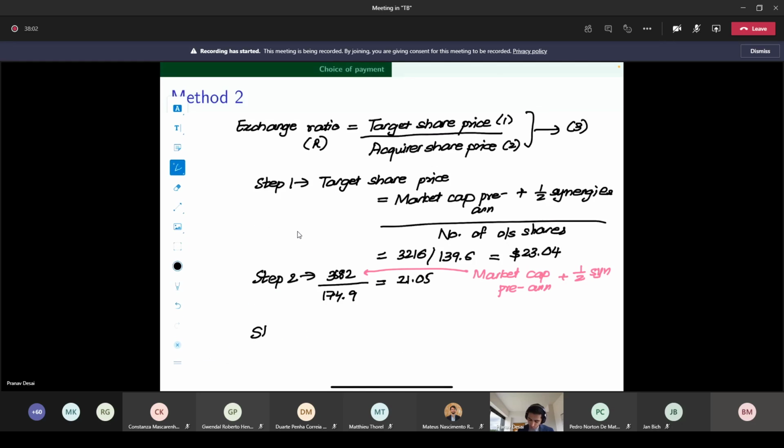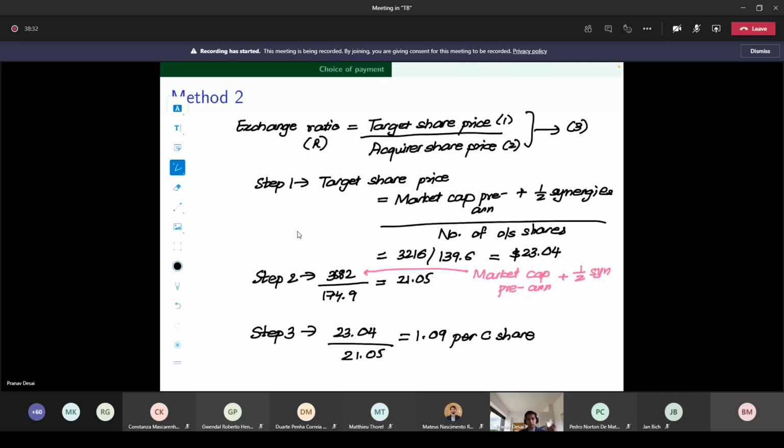And that gives us step 3, a very straightforward calculation, which is just 23.04 divided by 21.05, which works out to once again 1.09 per Continental share. Personally, I'm a big fan of this method because it's less convoluted, but it really depends on whichever method you prefer. You can go with that one.